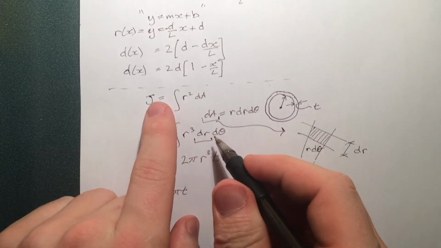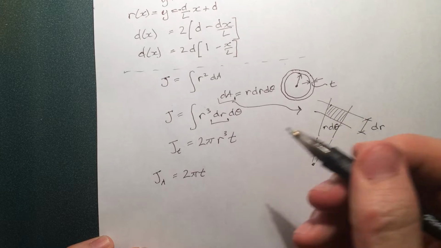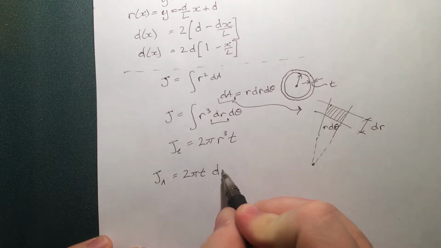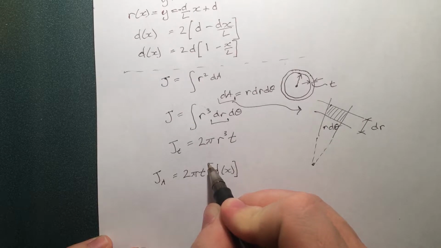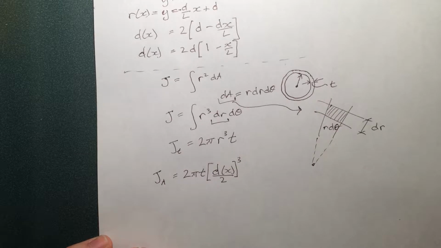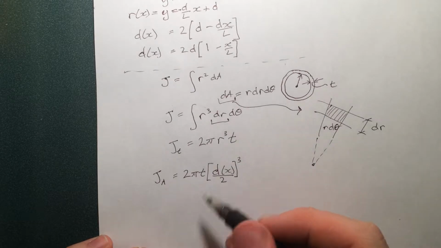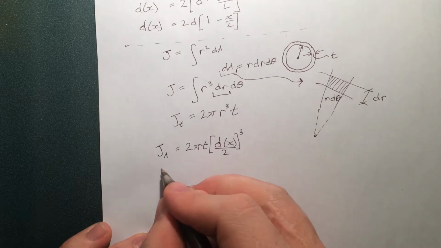We know the diameter as a function of x, so let's just get that happening. So it's going to be the diameter as a function of x by 2 cubed. Okay? So that's the situation we want, and we know the diameter. So let's just simplify this and plug in the diameter as a function of x.